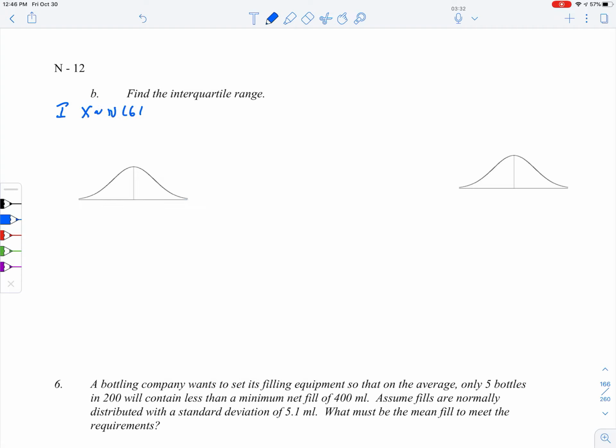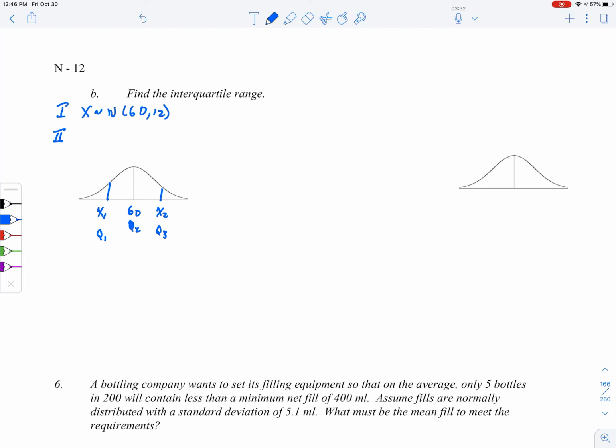So X is normally distributed with a mean of 60, standard deviation of 12. We're still working on the marks for 50 students problem. And we want to find values that, let's call them X1 and X2. I guess if these were quartiles, you would call them Q1 and Q3, but you don't have to remember that.